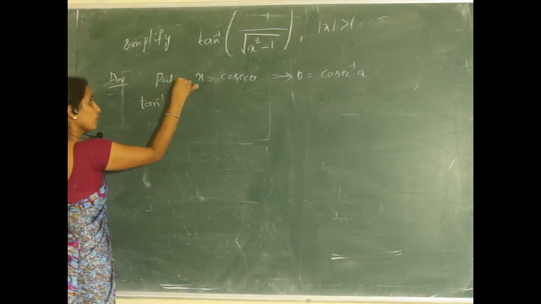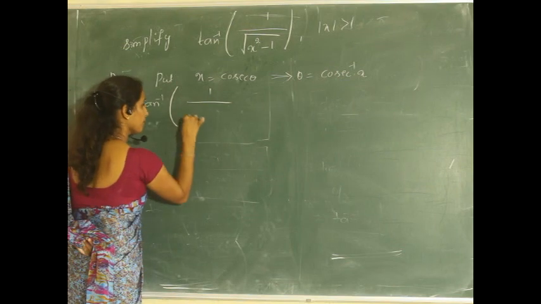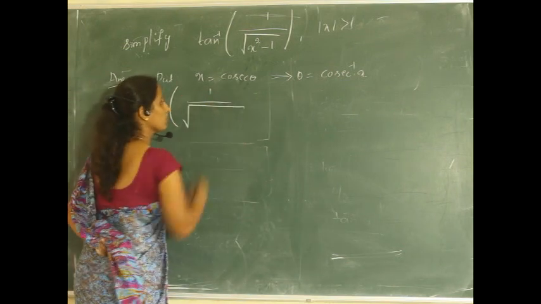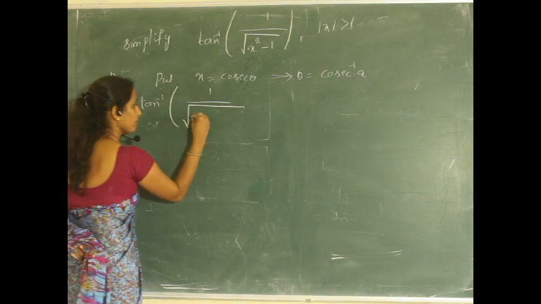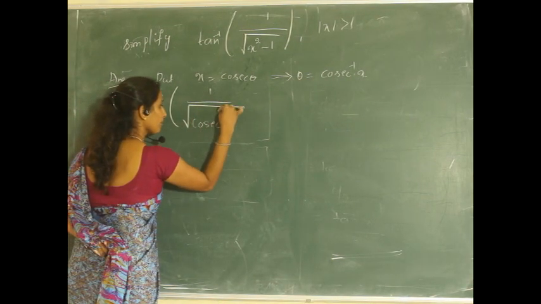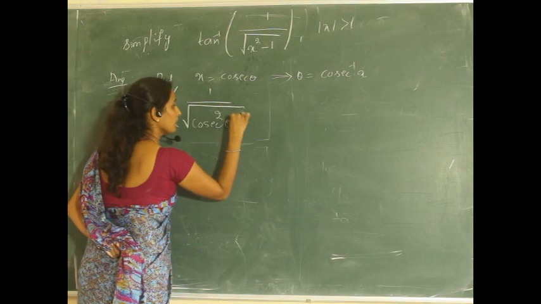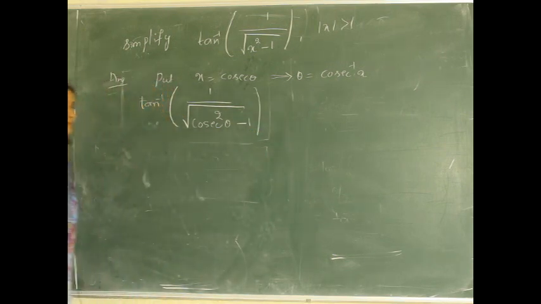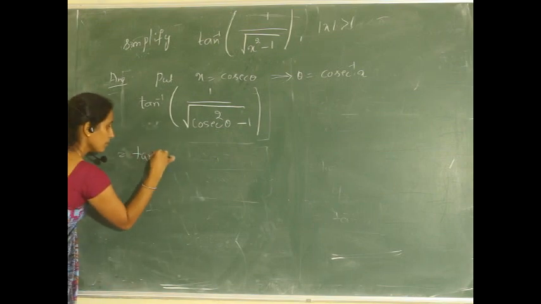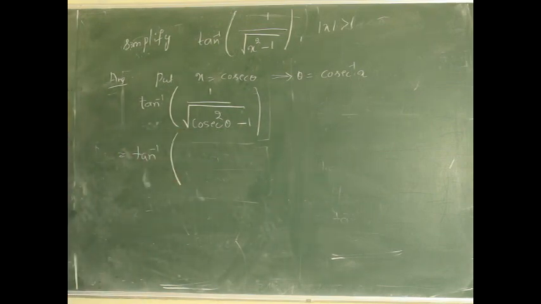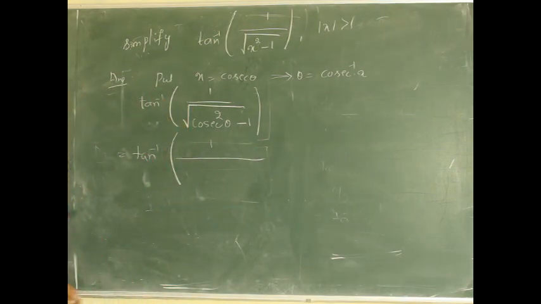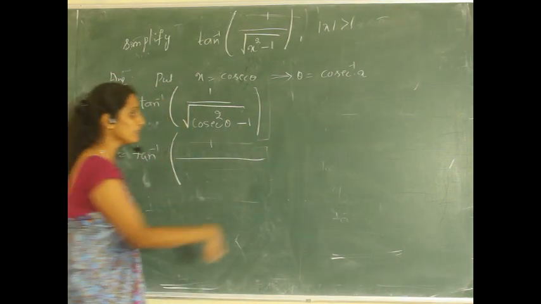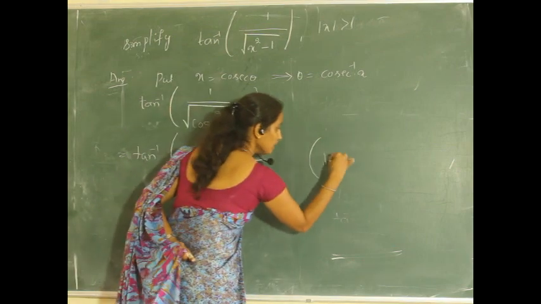Tan inverse of 1 by root of x square minus 1, that is cosec square theta minus 1. So this is equal to tan inverse of 1 by, what is cosec square theta minus 1?